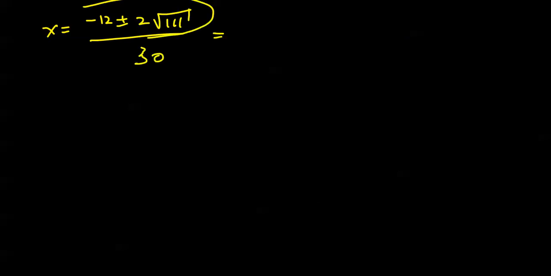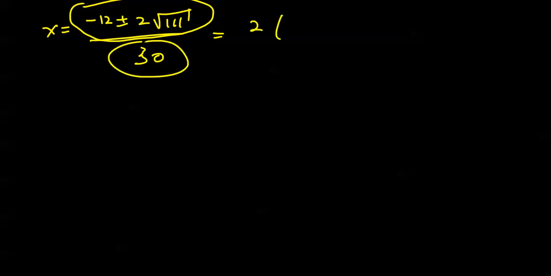All right, so x equals, as we saw, minus 12 plus or minus 2 square roots of 111 over 30. What I'm going to do is recognize there's a factor of 2 in this binomial sum. There's a factor of 2 buried there as well.